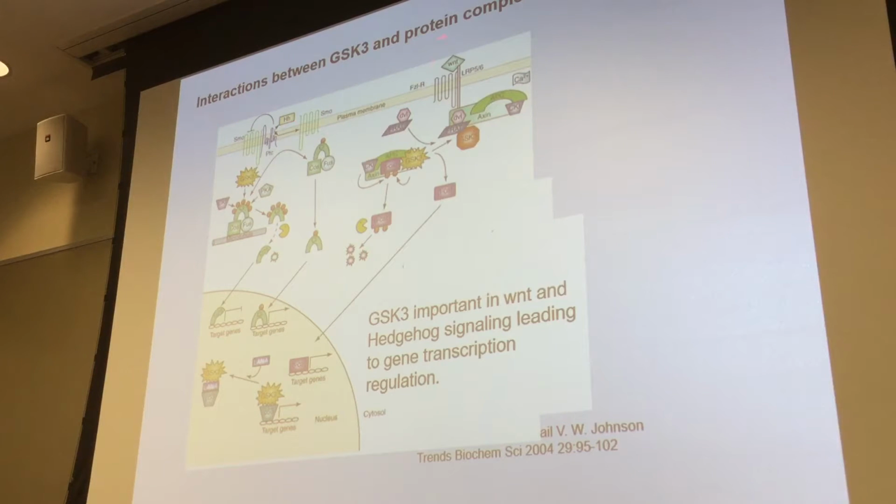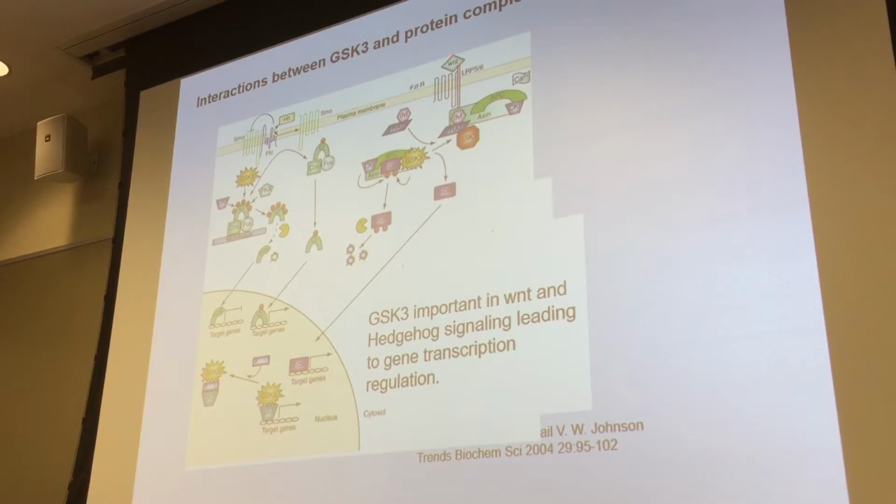We also have other protein complexes throughout the cell that are regulated by our glycogen synthase kinase in addition to the microtubule. Here is one that is going to allow proteins to target the regulation of new protein synthesis through beta-catenin.